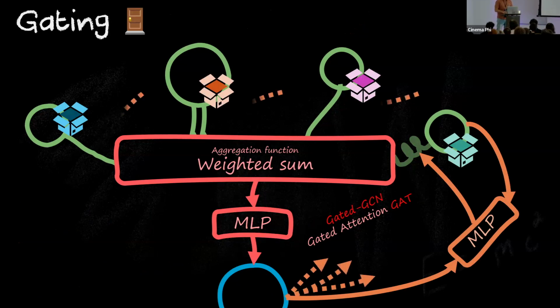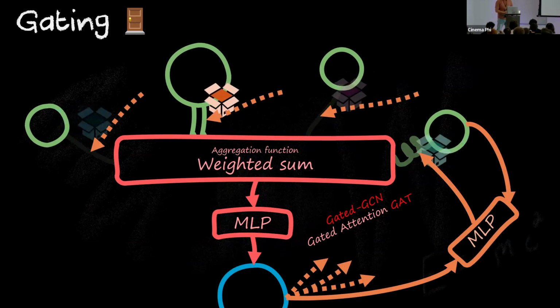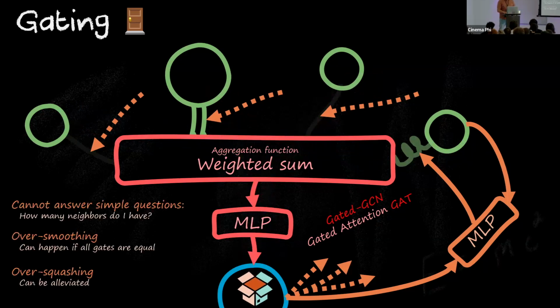You repeat that for all the edges, and here you can see that some of the edges become black, others are still there, so the information is weighted based on that. Depending on the gating and what tricks you add, it can help answer questions like how many neighbors do I have, but it's more difficult. But it definitely helps a lot with the problems of over smoothing and over squashing.